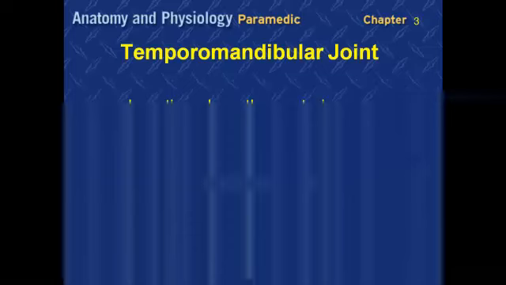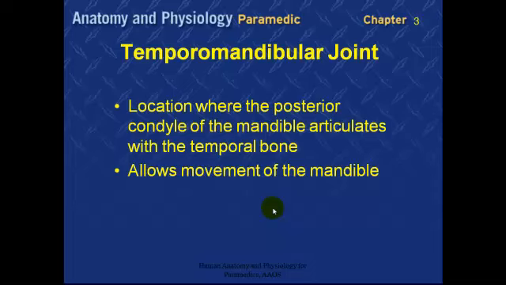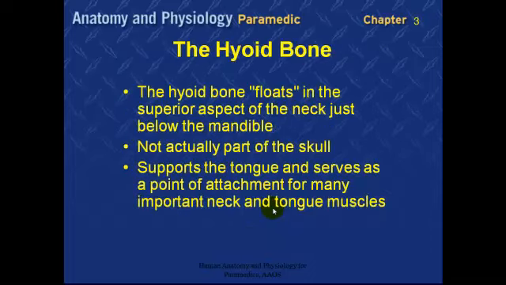Oftentimes, injury or chronic problems with the function of the TMJ is the first step for many geriatric patients to wasting away. The TMJ has been a point of great research over the past couple of decades, trying to solve this problem for the geriatric population.